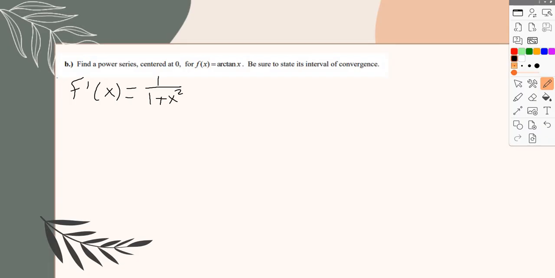So then how would I rewrite that just to get it a little bit closer to a geometric? Alright, okay with that. And we're centered at 0 this time, so I don't have to worry about needing to add in an x minus something. So that makes it a lot easier. So what's our a value? What's our r value?